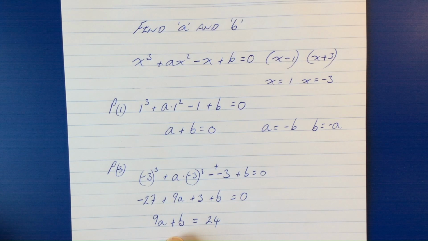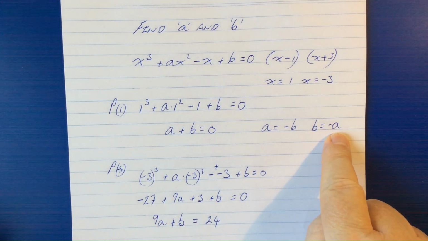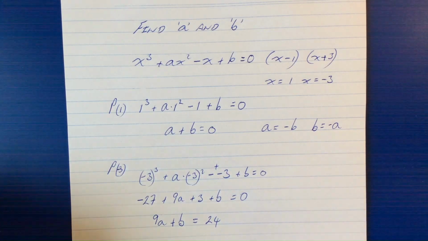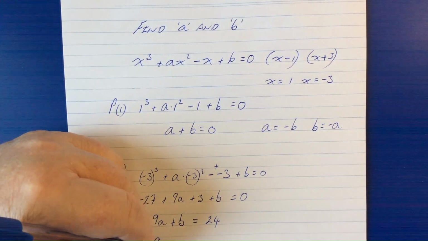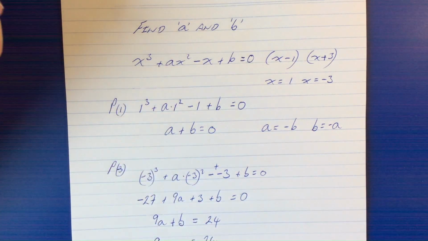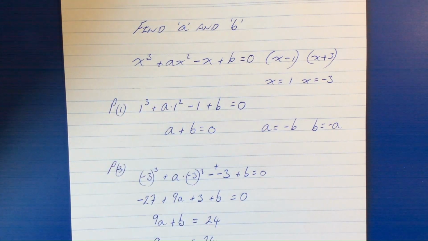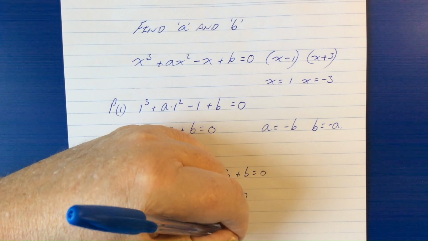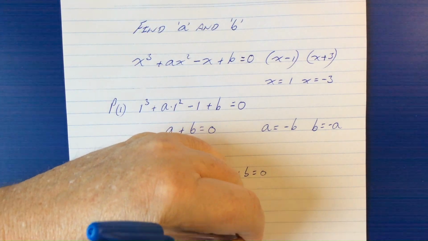And this b we know to be equal to negative a. And from that, we get this.